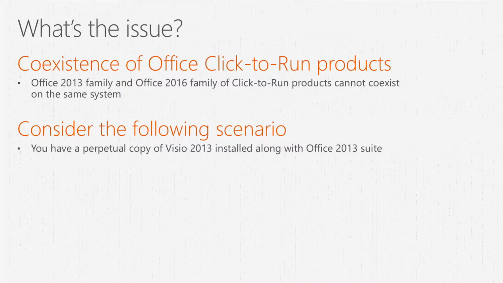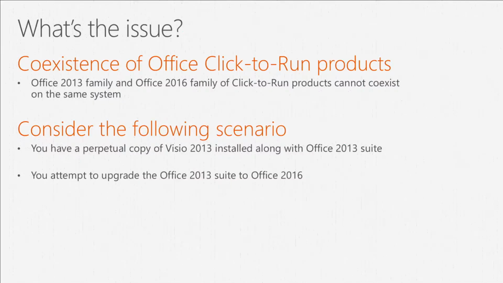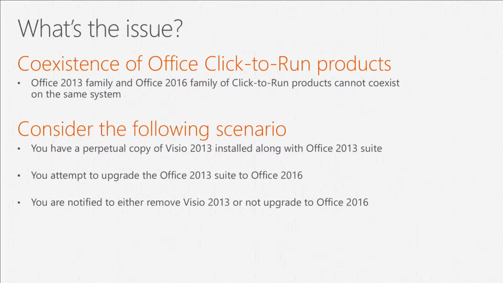So then Microsoft released Office 365 2016, and you're now ready to move your organization to it. However, when you attempt to install it, you are notified that you need to remove that Visio or Project 2013 perpetual product that's on there.